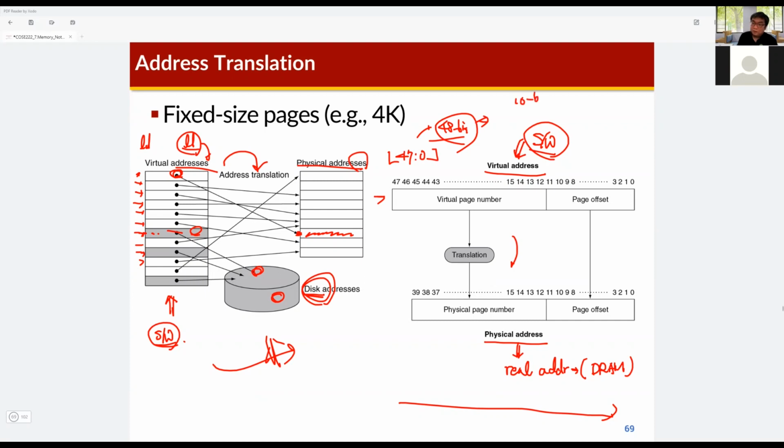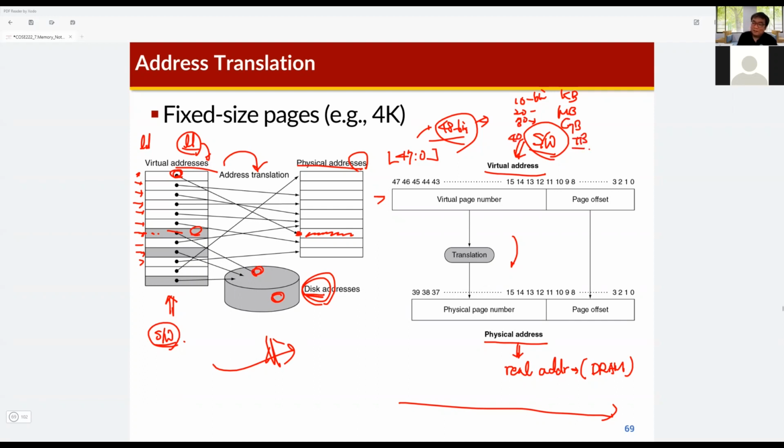So 10 bit is the kilobyte, 20 bit is the megabyte, 30 bit is the gigabyte, 40 bit is the terabyte.